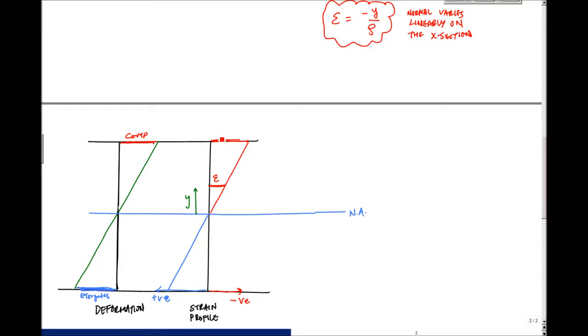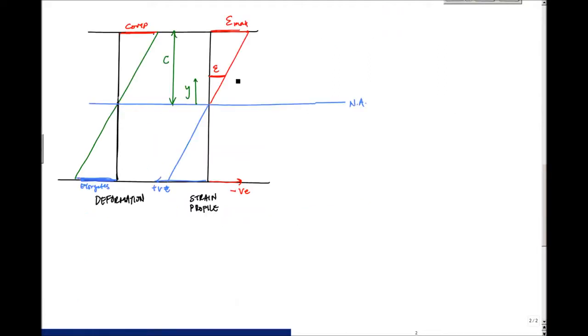And then at the distance furthest from the neutral axis, this distance c, this is my maximum strain. Because epsilon max, the way we've set this up, is on the compression side, this is a negative maximum normal strain.